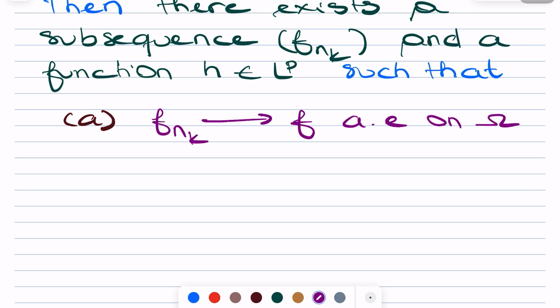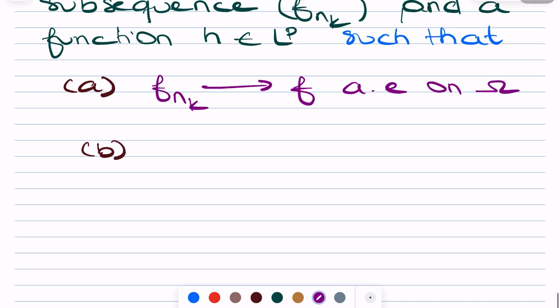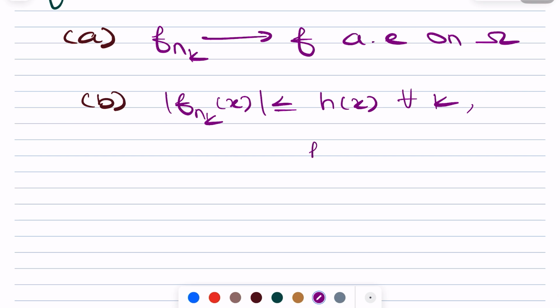And (b) the absolute value of f_{n_k} of x is less or equal than h of x. This holds for all k, and for almost every x, almost everywhere on omega.